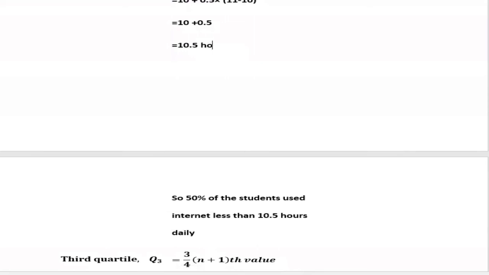So that is the internet usage in hours. As we know from the definition of quartile 2, 50% of the students use the internet less than 10.5 hours, or you can say 50% of students use the internet more than 10.5 hours.